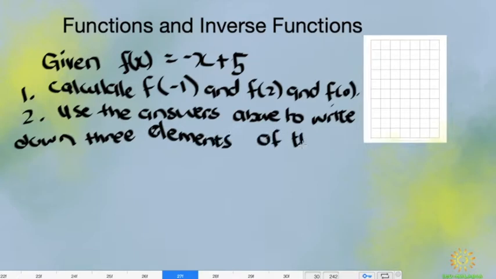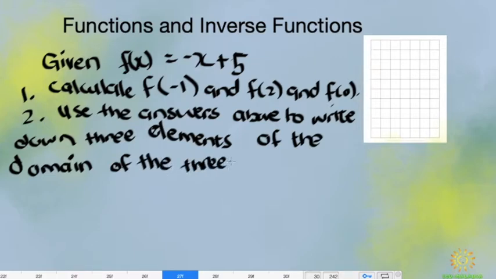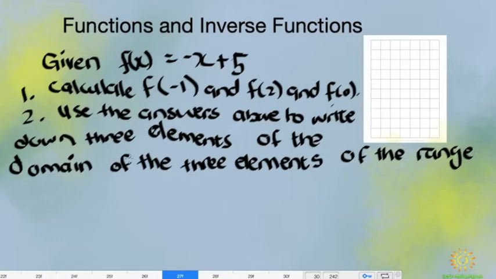3 elements of the domain of the 3 elements of the range of f.